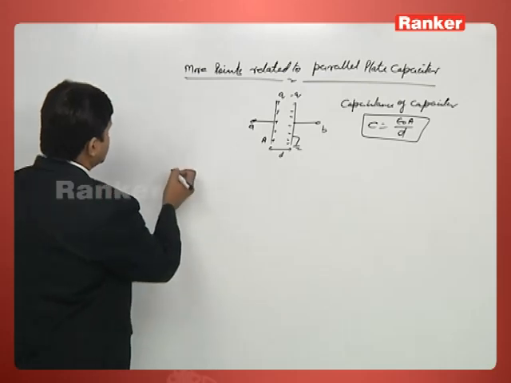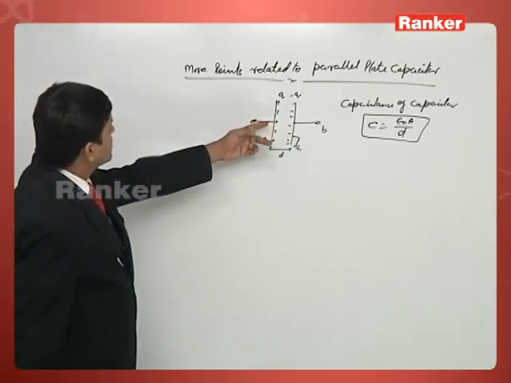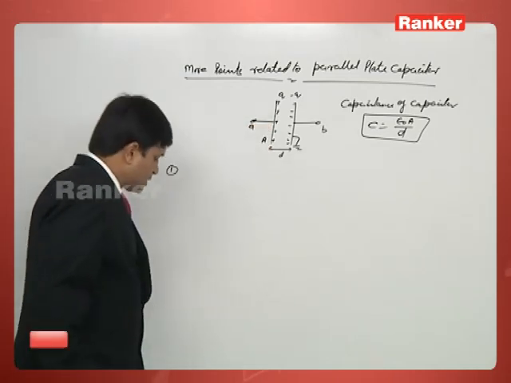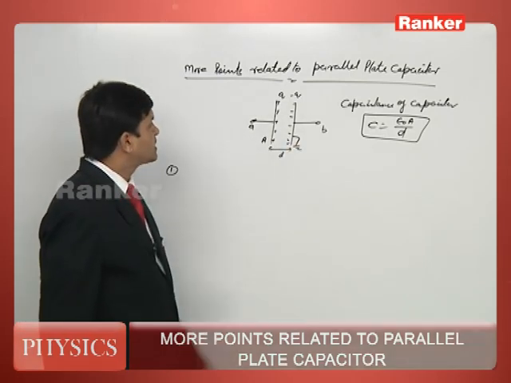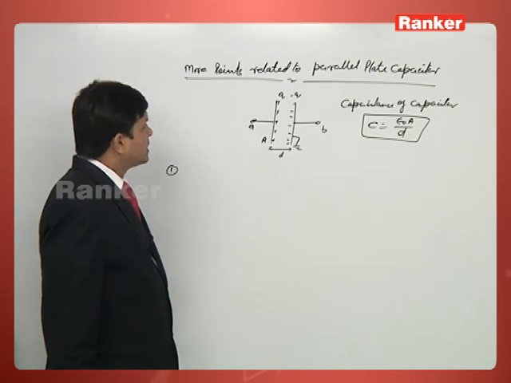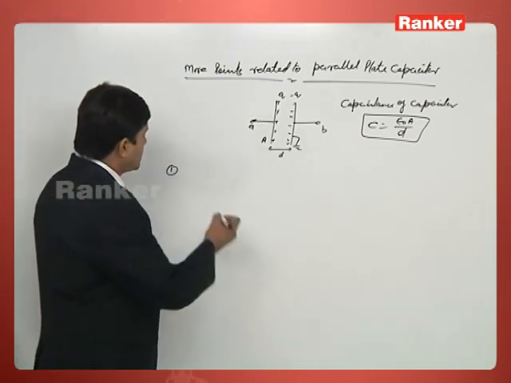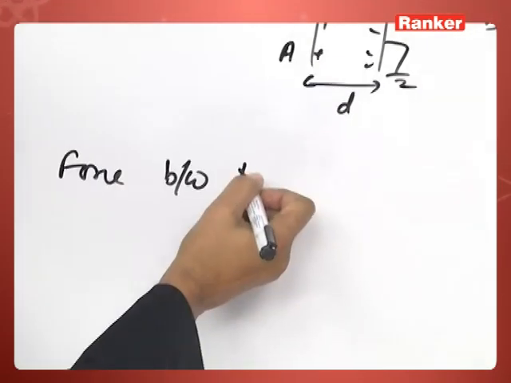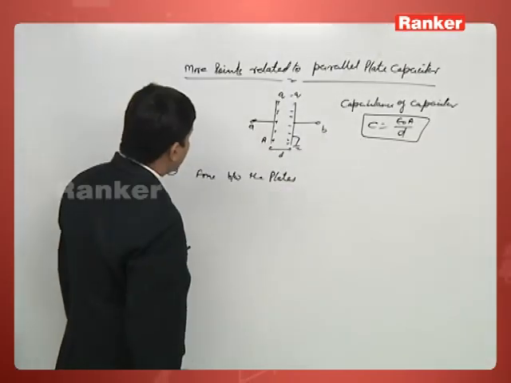The first point. Since one plate is positively charged and the other is negatively charged, there is a force of attraction between the plates. So we will calculate how much the force of attraction between the plates is.